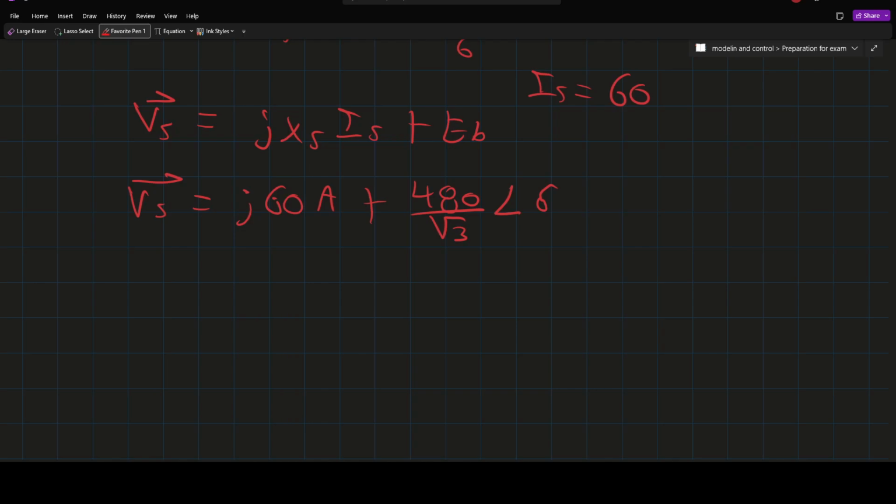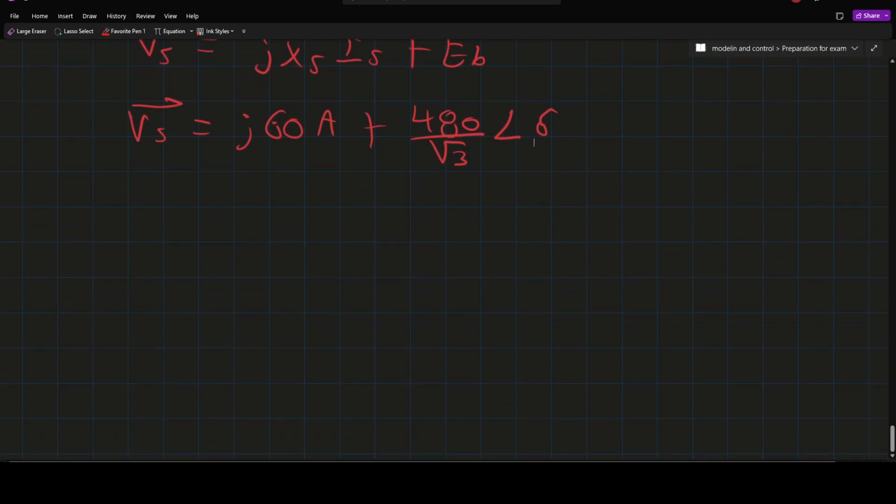So if we make this into a triangle, in our imaginary part we have 60 amps. We know that our VS always has an angle of 0.